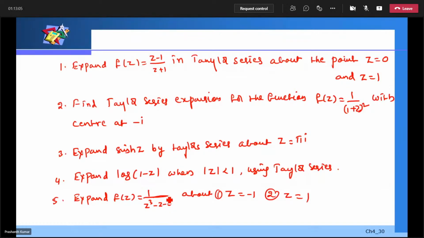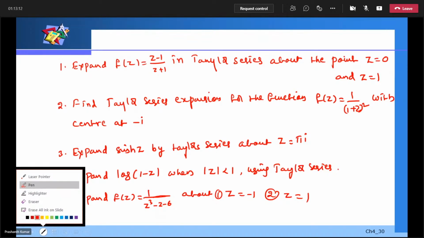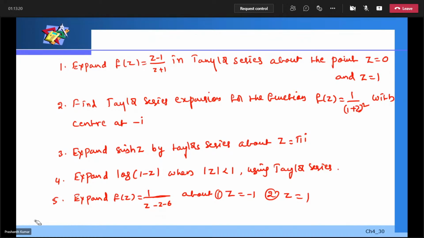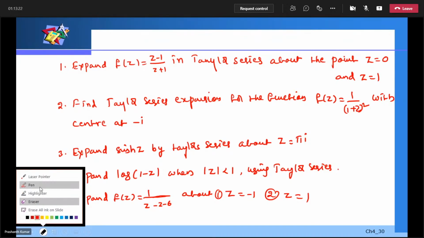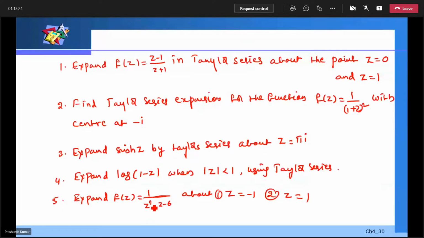Sorry, this is z square, not z cube. Z square minus z minus 6, you write in terms of two factors, z minus 3 and z plus 2.